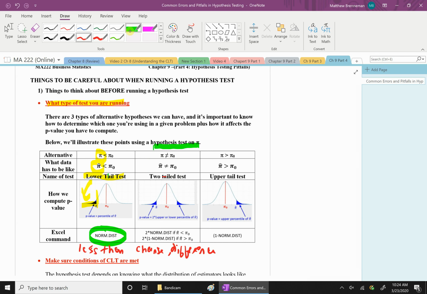This is called a two-tailed test, and the reason why it's called a two-tailed test is wherever the estimator is, say it's here, I'm going to compute the area in a tail and multiply it by 2 to get the p-value. So if my estimator was up here, I'd get the area in this upper tail, and I multiply by 2. And conversely, if my sample estimator was below pi naught, I'd compute the area in this tail and multiply it by 2.